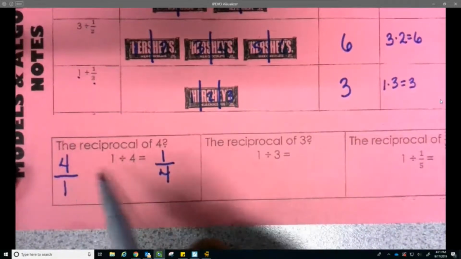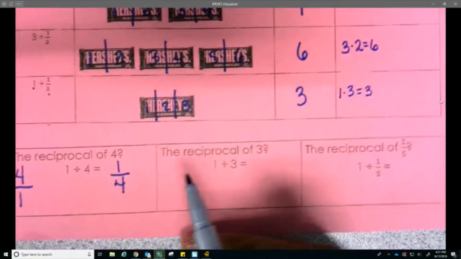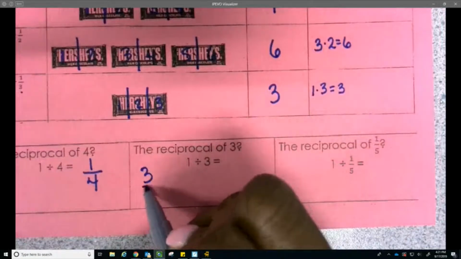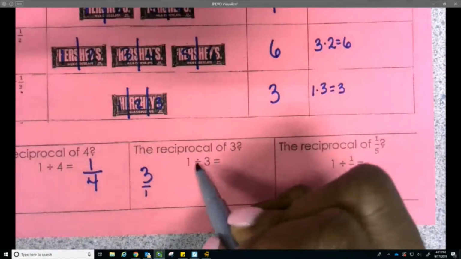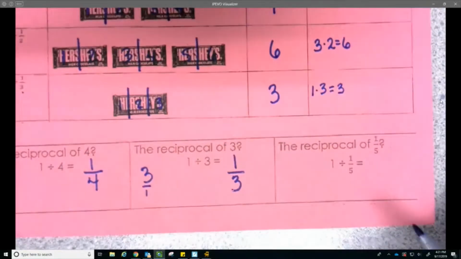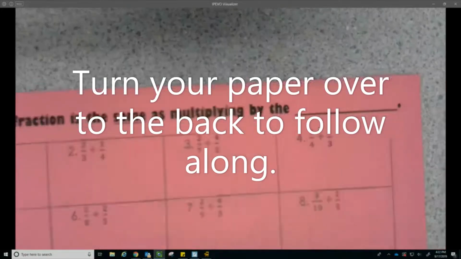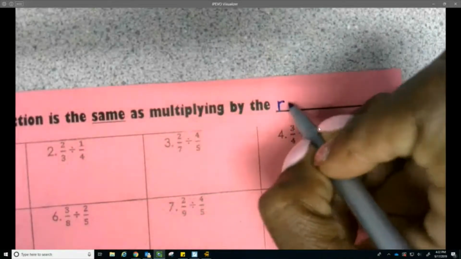So the reciprocal of 4 is 1 over 4. The reciprocal of 3 is 1 divided by 3, or you can say 1/3. Dividing by a fraction is the same as multiplying by the, and the word is reciprocal.